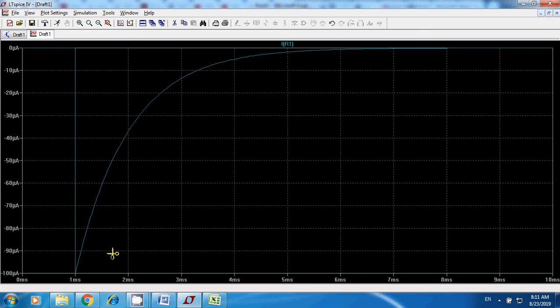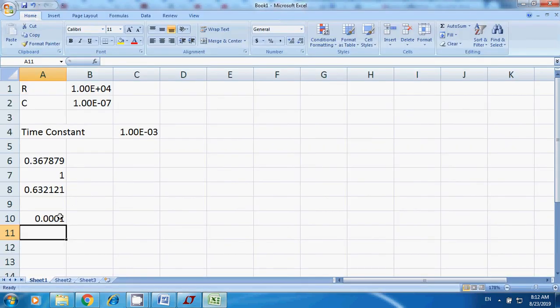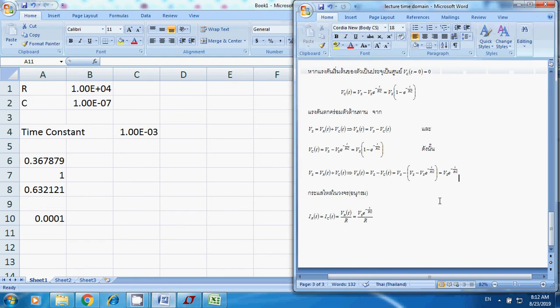So for I1, as time passes, you have 100 microamps, actually it becomes 0.1 milliamp, right? Just like you have here at the start, at t equal to 0. And then after that it starts dropping down as time passes. Finally your current is going to be equal to 0.